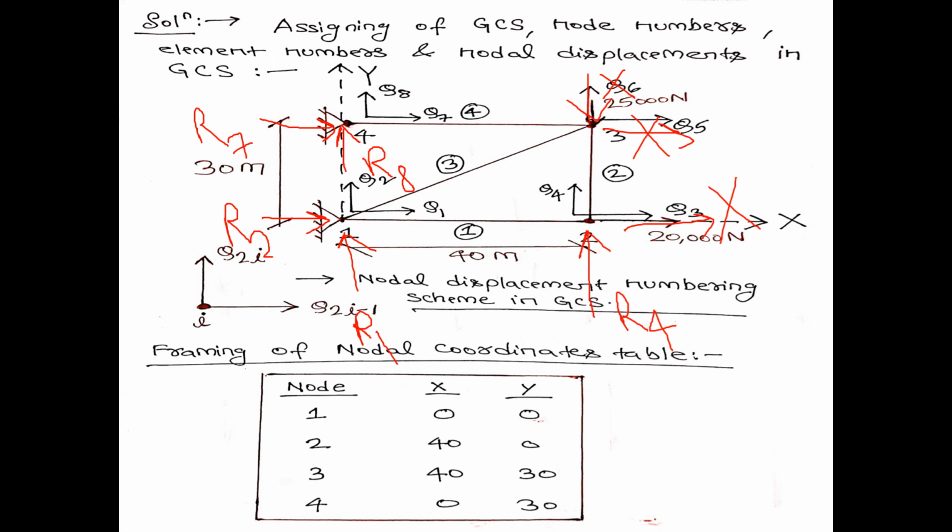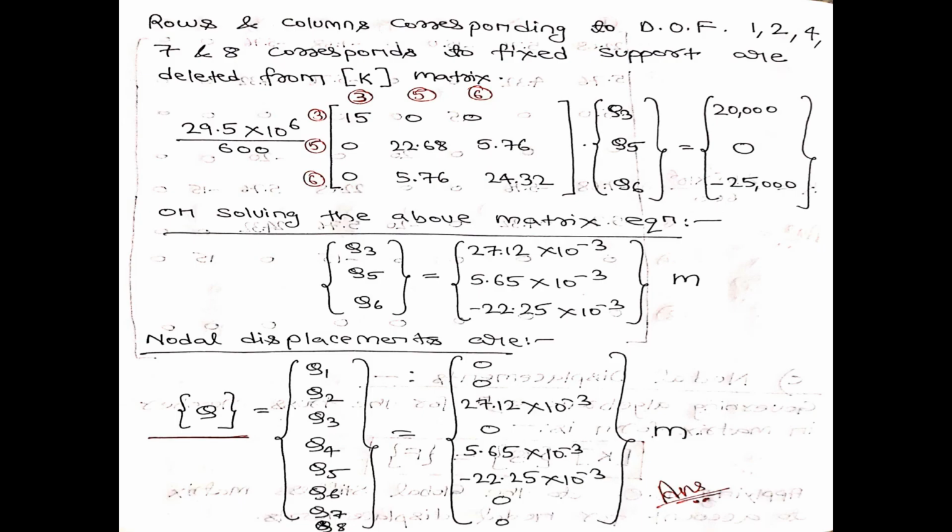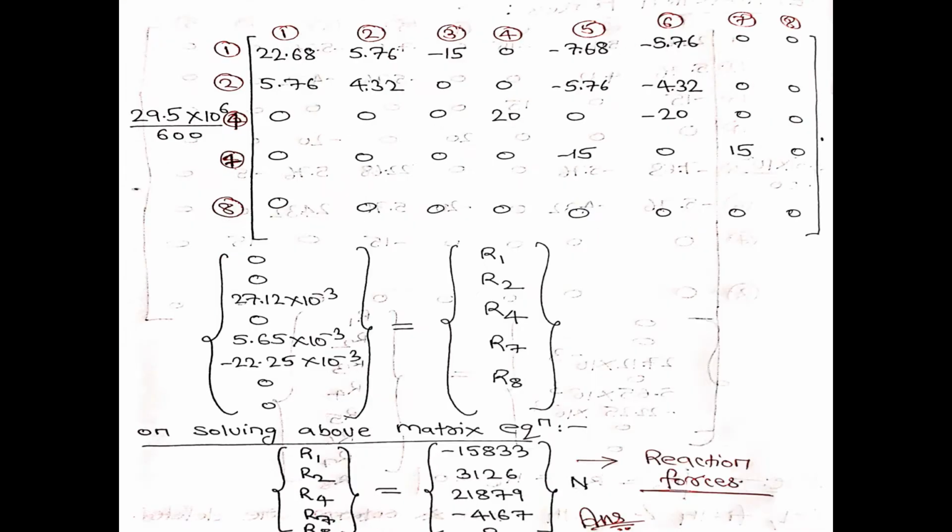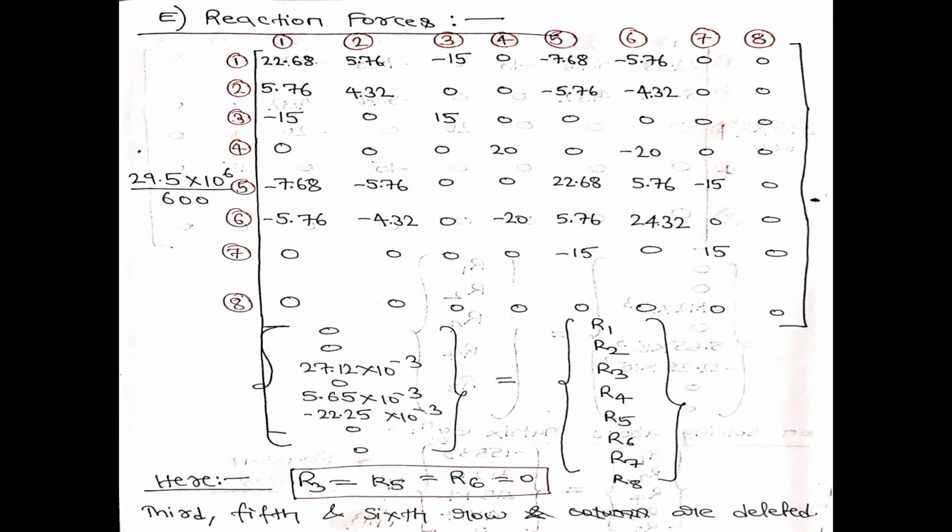So values of R3, R5 and R6 is 0. The corresponding rows, that is the third row, fifth row and sixth row, I have to delete since there is no R3, R5 and R6, because LHS is equal to RHS. If RHS is equal to 0, there is no need to keep that particular row.